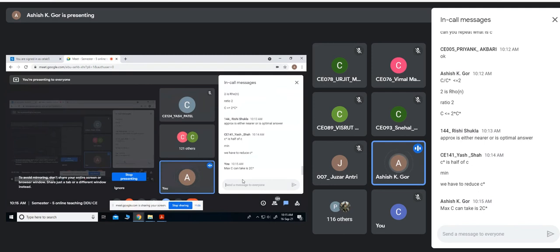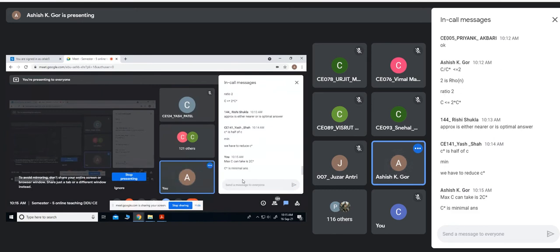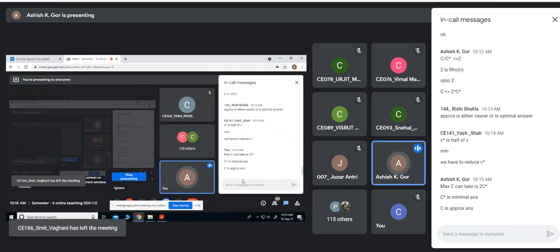Okay, so actually we want to minimize the cost, right? So C star is an optimal answer, which is a minimal answer. And C is the approximate answer. But this approximate answer should also be somewhat near to that.